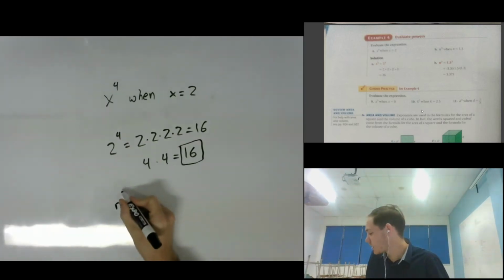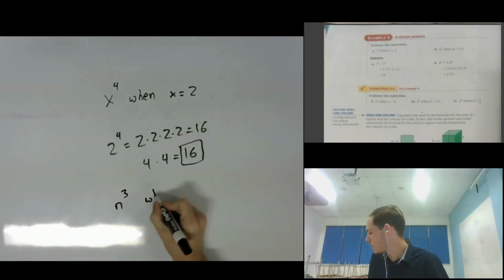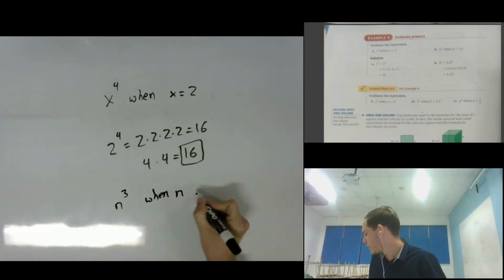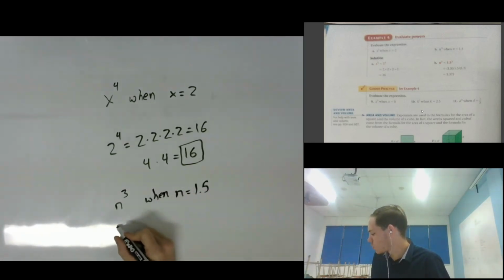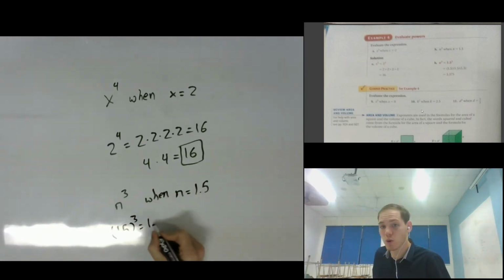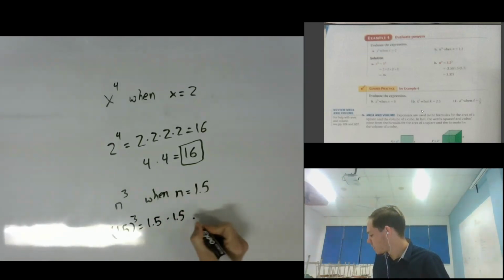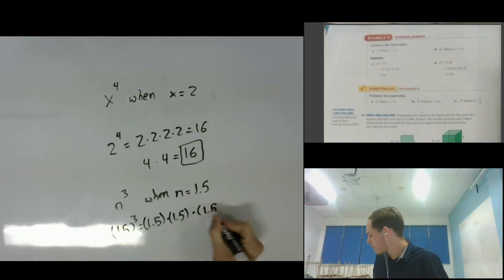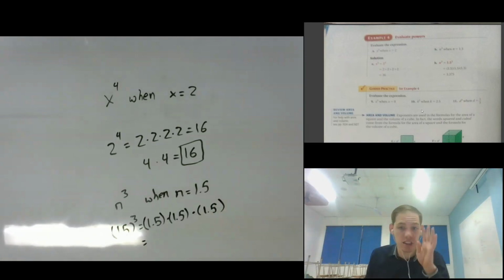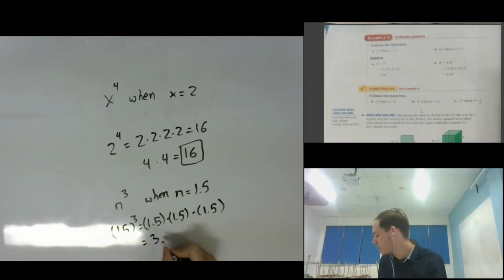Now, n to the 3 when n equals 1.5. So that is 1.5 to the 3rd power, which gives us 1.5 times 1.5 times 1.5. I do know why they put parentheses. And what is our answer here? Well, it will be 3.375.